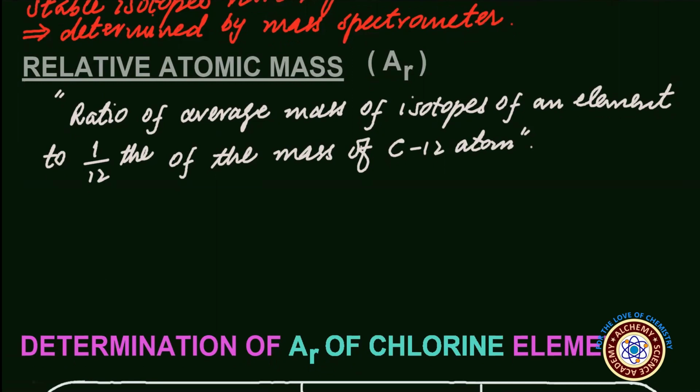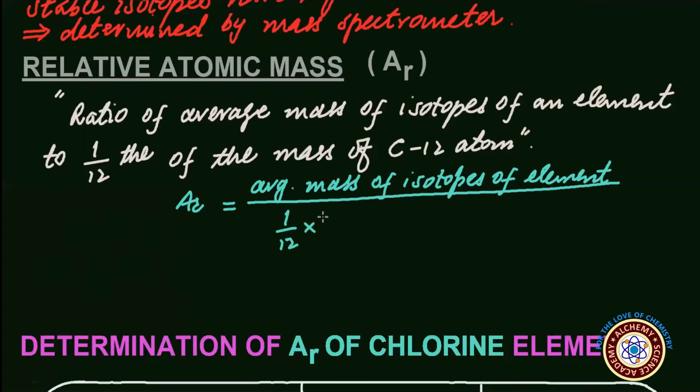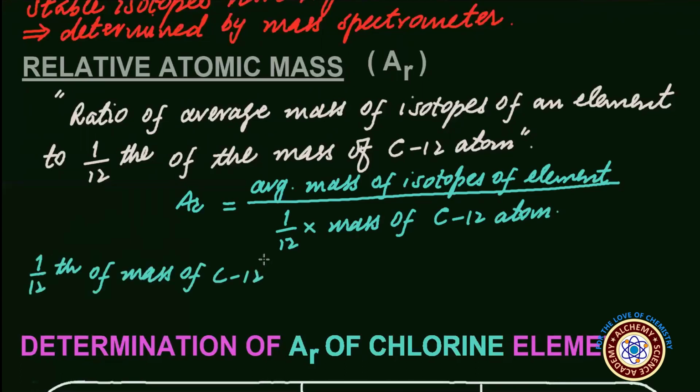Therefore, it is a unitless quantity. So relative atomic mass, Ar, is the average mass of isotopes of the element divided by 1/12 of the mass of a carbon 12 atom. Keep in mind that 1/12 of the mass of carbon 12 is equal to 1 atomic mass unit.